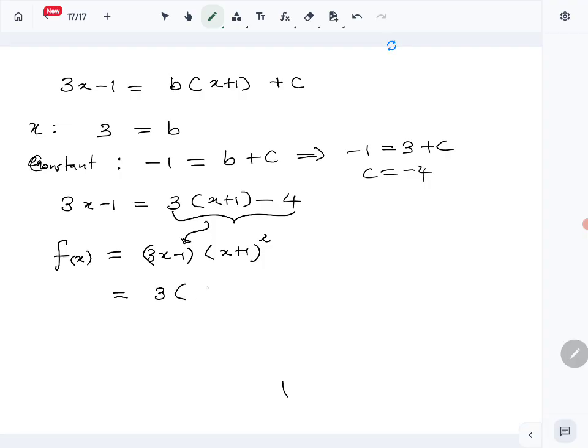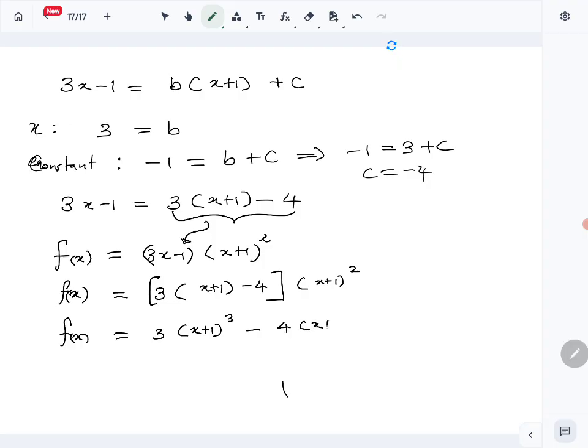So you get 3 times (x plus 1) minus 4, times (x plus 1) squared. Now get rid of brackets. You get f of x equals 3 times (x plus 1) cubed minus 4 times (x plus 1) squared, right?